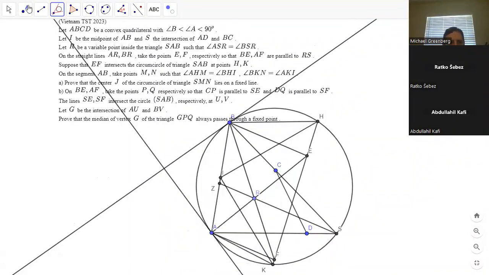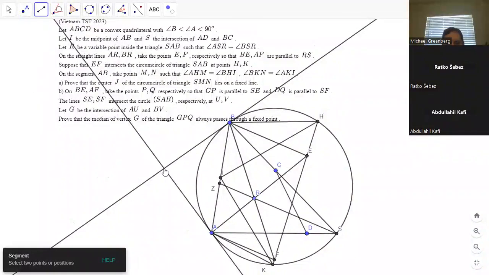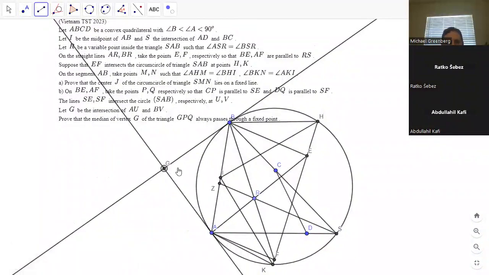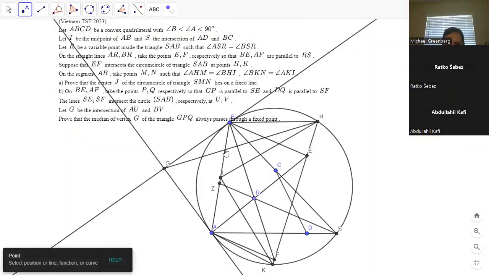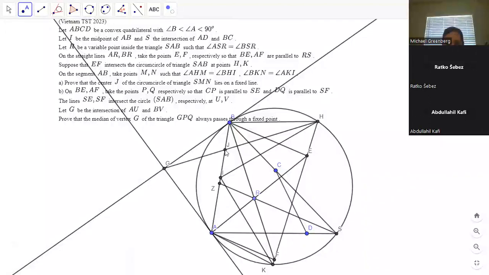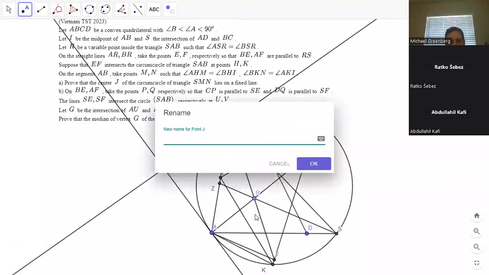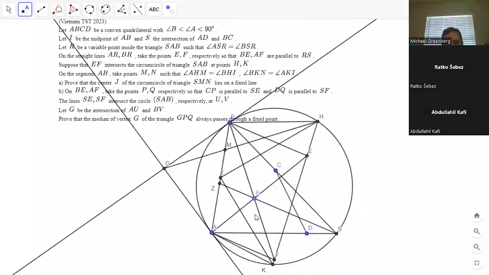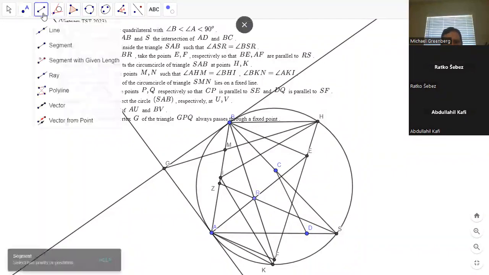So BHI equals AHM. So this should be M. And AKI. Okay, so then I just draw this.